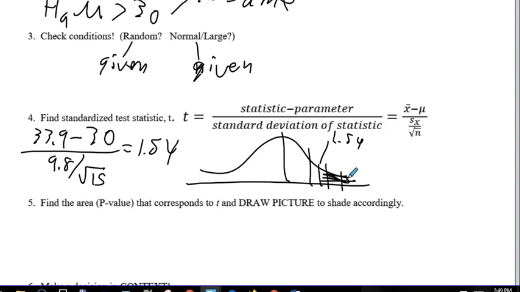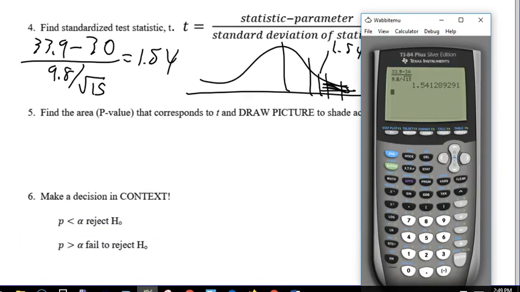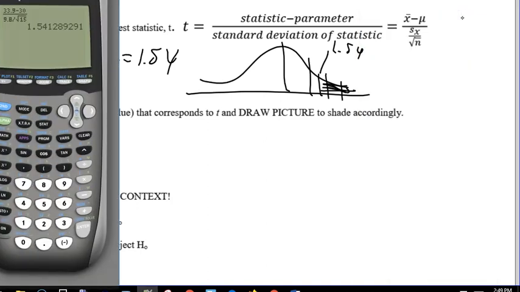Now we're going to find the p-value. So we're going to use our calculator again. All right, so we hit second bars. You should be doing this on your calculator practices to get the muscle memory. Second bars, which is over here by clear. You pick number 6, tcdf.